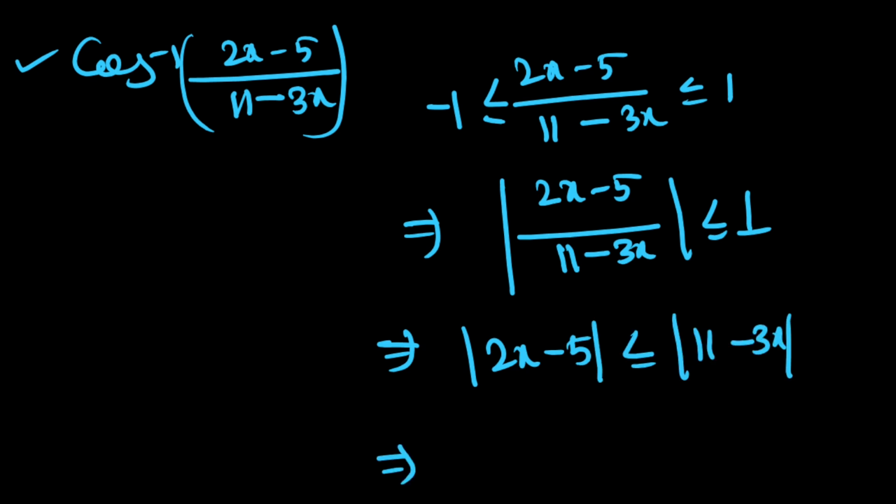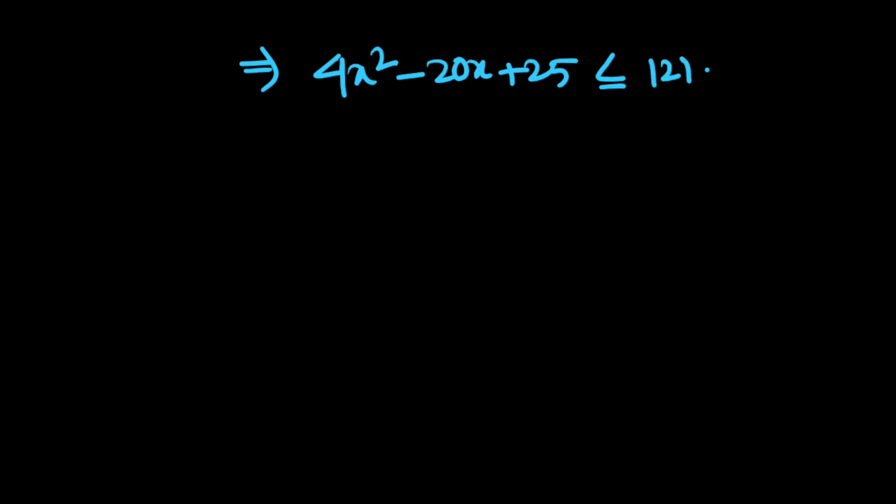In this situation, if we square both sides, it will be very easy to find the value of x. So we square: (2x minus 5) square is less than or equal to (11 minus 3x) square. Expanding, 4x square minus 20x plus 25 is less than or equal to 121 minus 66x plus 9x square.